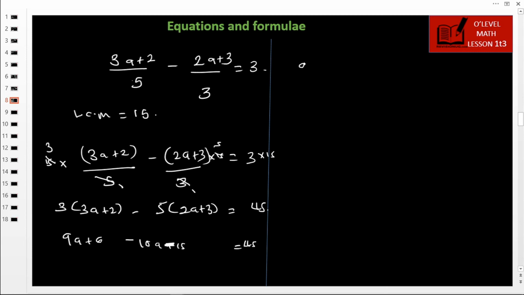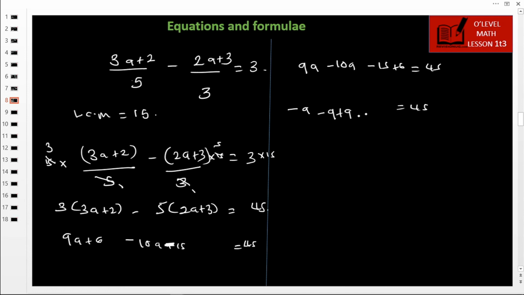So we collect like terms. 9a minus 10a minus 15 is equal to 45. Then sorry, plus 6, because we have this 6 here. Now this is negative a. Then 6 minus 15 becomes negative 9, so negative 9 is equal to 45.